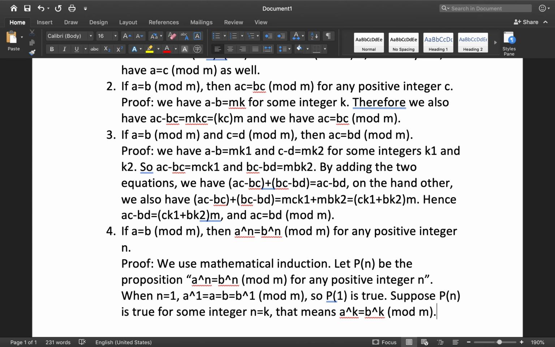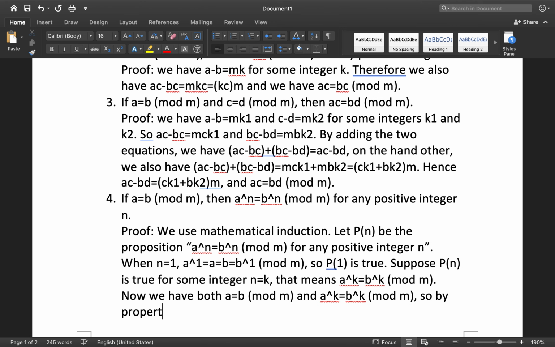So how do we prove it? Well, now we have both: a congruent to b modulo m, and also this. We both have it. So by property number 3, which we just proved, we can use property number 3.